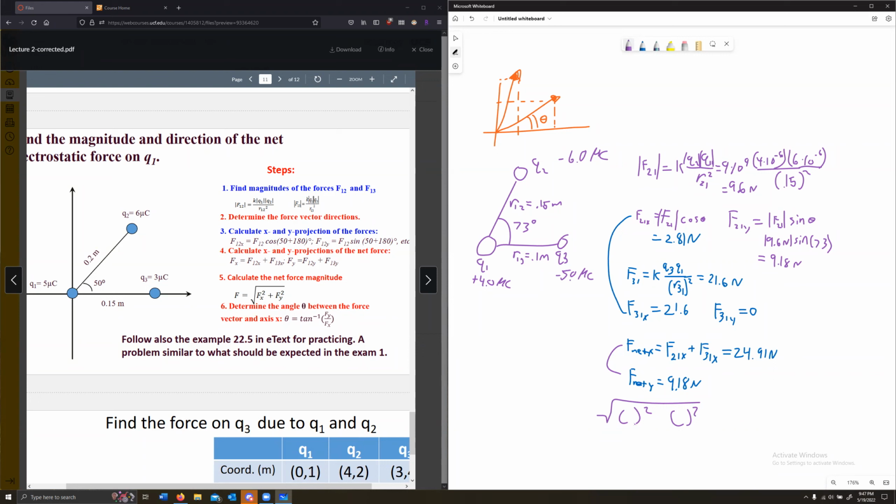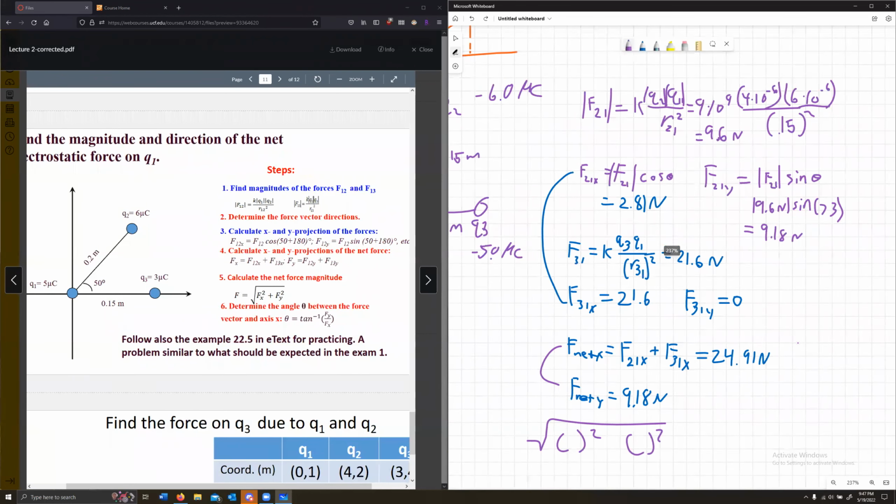Okay, and can we go over your x and y components again? I wasn't fully listening. We got the same thing for y, but what did you get for the total force for x? My total force was 24.91 right here. 24.91. Okay, I did not get that. Did you get 2.81 newtons for the force from 2 to 1 in the x direction?